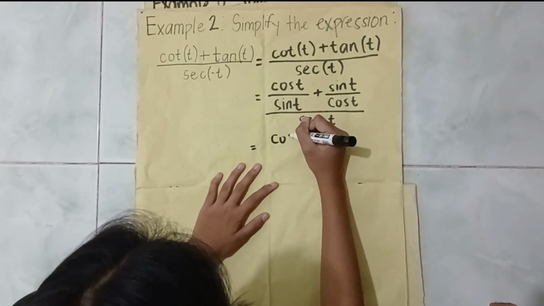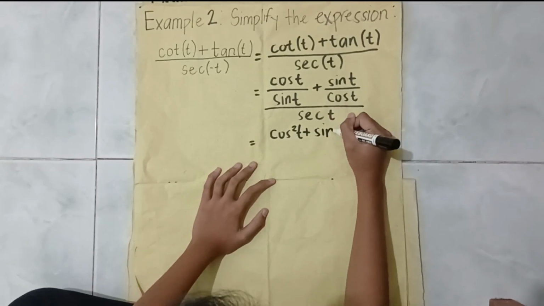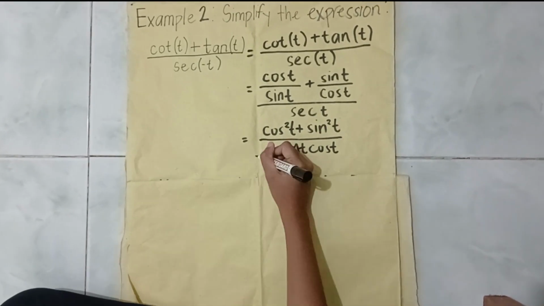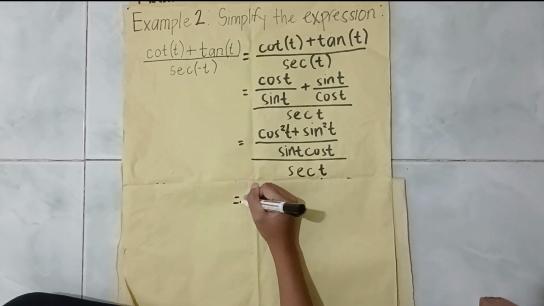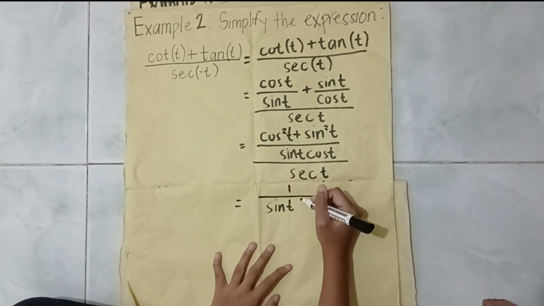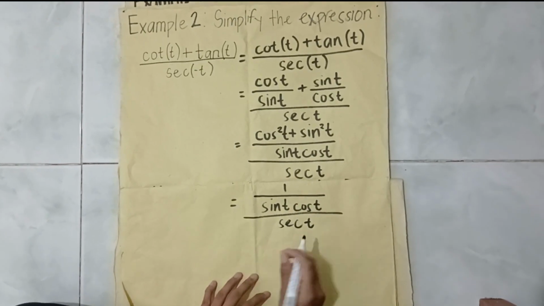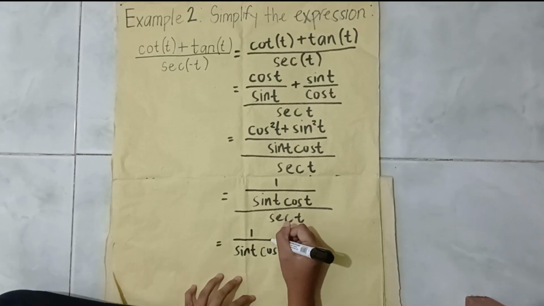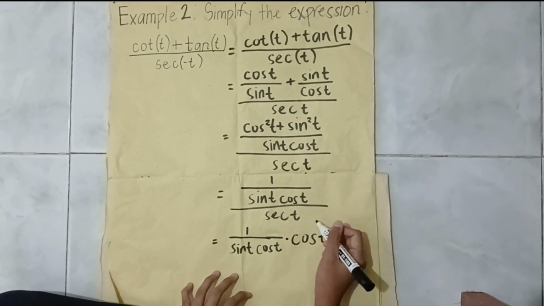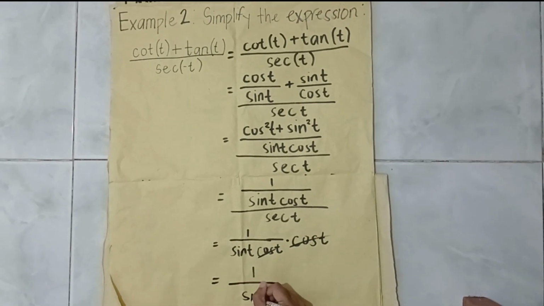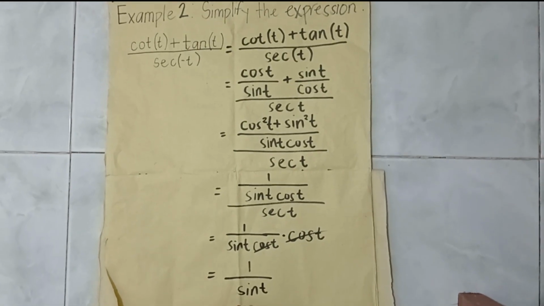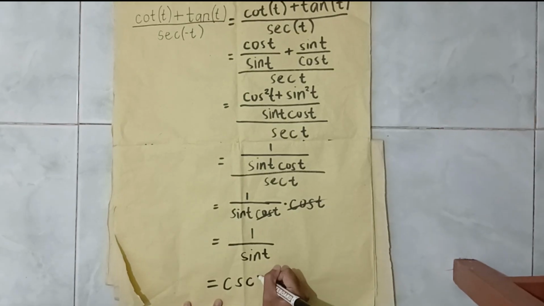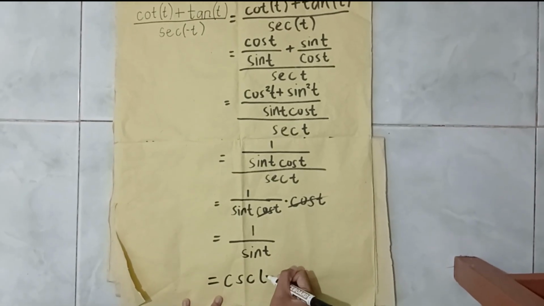After that, we combine the fractions, use the Pythagorean identity, and then multiply by the reciprocal of secant of t. Then apply the reciprocal identity. Therefore, we can conclude that cotangent of t plus tangent of t over secant of negative t is equal to cosecant of t.